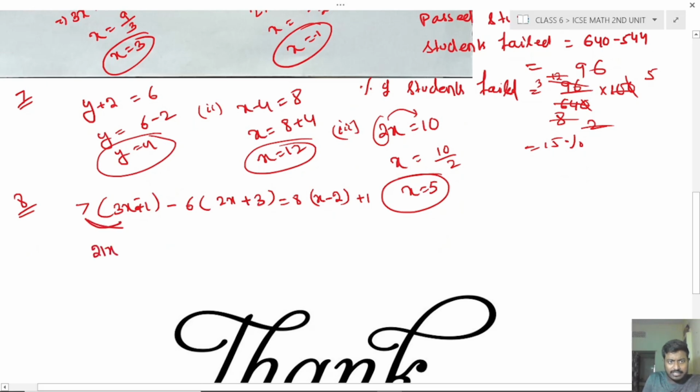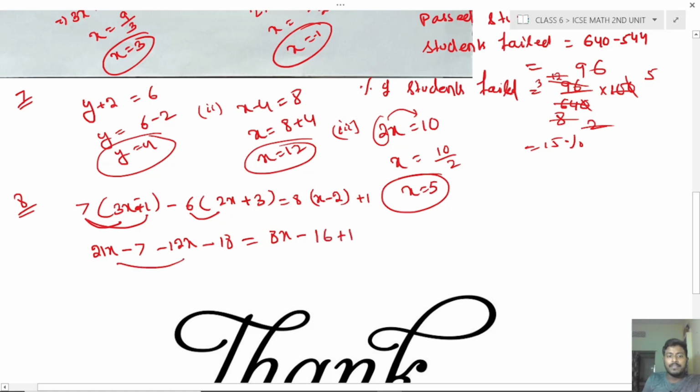Then 7 into minus 1, that is minus 7. 6 into 2 that is 12x. 6 into 3, minus into minus 6 threes is 18. When we multiply, first multiply sign, then number, then variable. Okay, so minus into minus 6 threes is 18. 8x, plus minus into minus 8 twos is 16, plus 1.